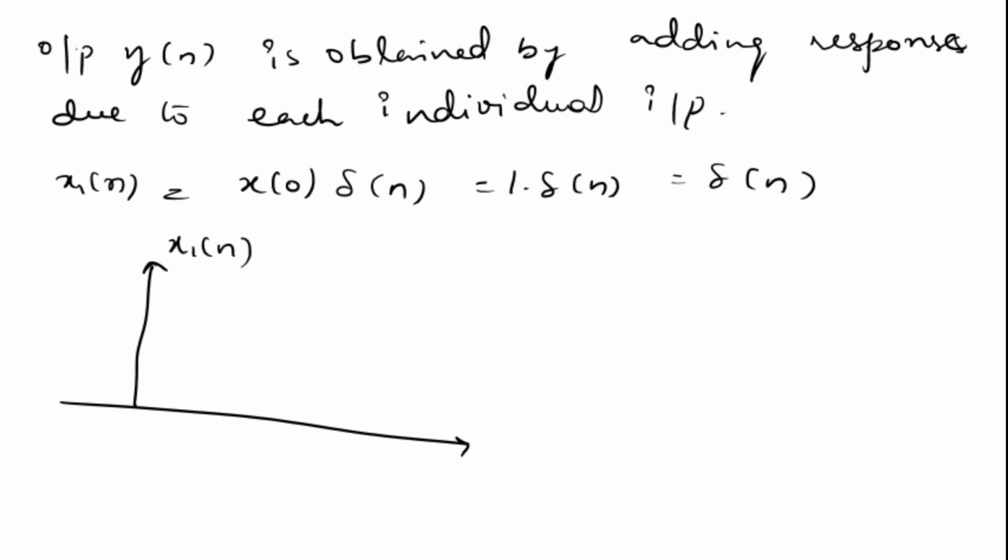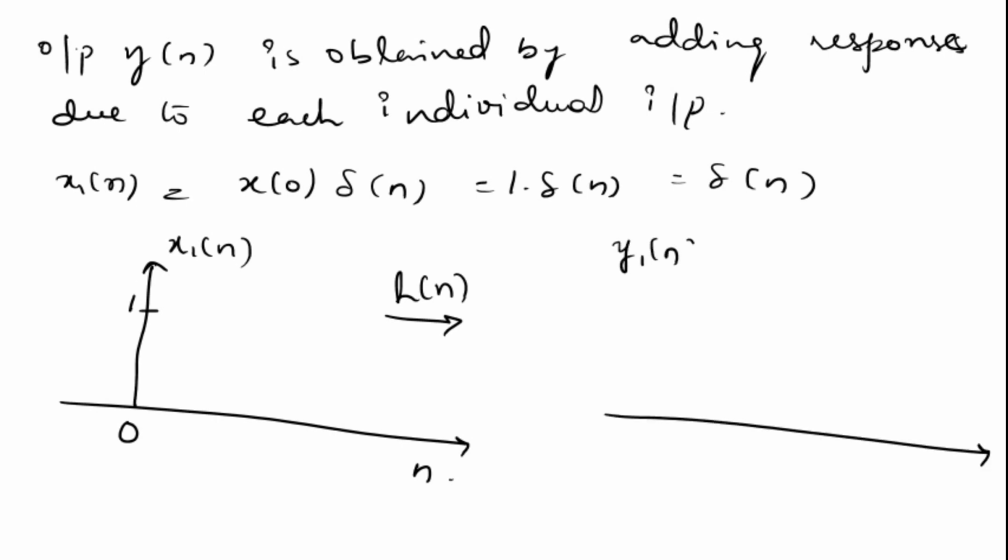At 0 the signal is 1. That should be multiplied with h of n. We will get y1 of n. It's equal to h of n itself. Then at 0 the signal will be 1. At 1 the signal will be 0.5, and at 2 the signal will be 0.25.